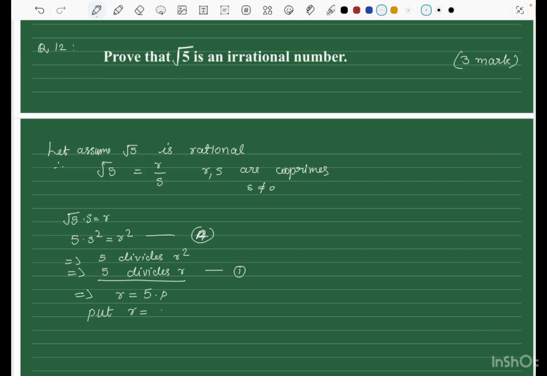Then put r equal to 5p in 5s square equal to r square, that is A. We get 5 into s square is equal to, instead of r we can write 5p square.